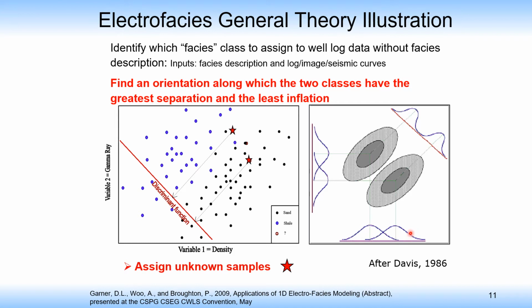It's difficult to separate the modes. So if we look at some rotation and get a discriminant function line, we find an orientation in space where the 2 clusters are separated the most and inflated the least. So this is really a parametric method where the within-class covariances are minimized and the between-class covariances are maximized.